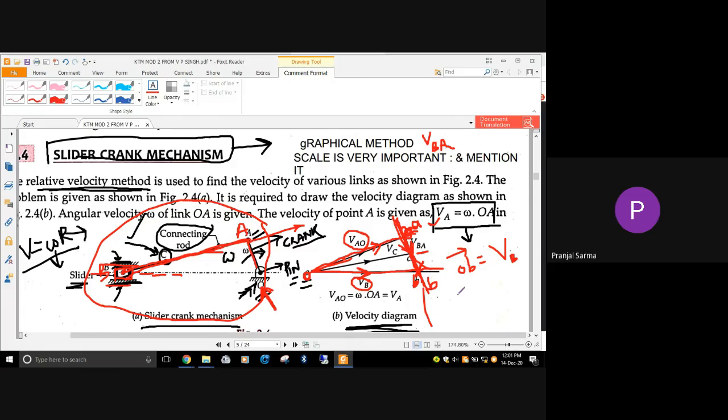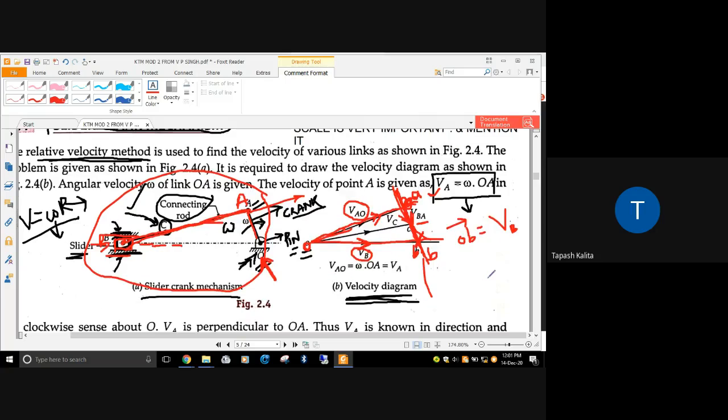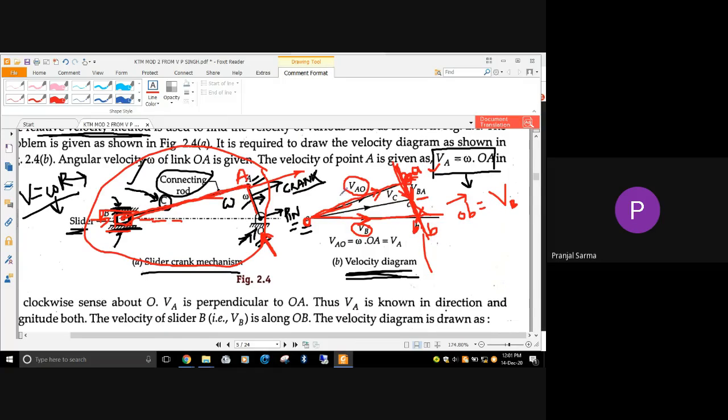Yes, I understood. Okay. Now, once we have this velocity vector diagram, you can consider any point on those links. Suppose you consider point C, which is lying somewhere on this connecting rod, and you want to know its velocity.